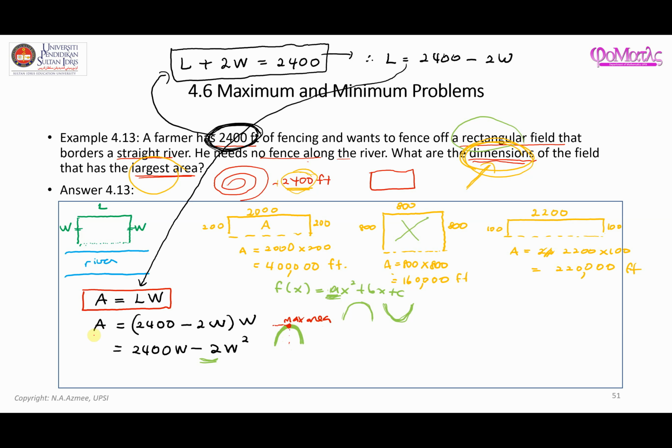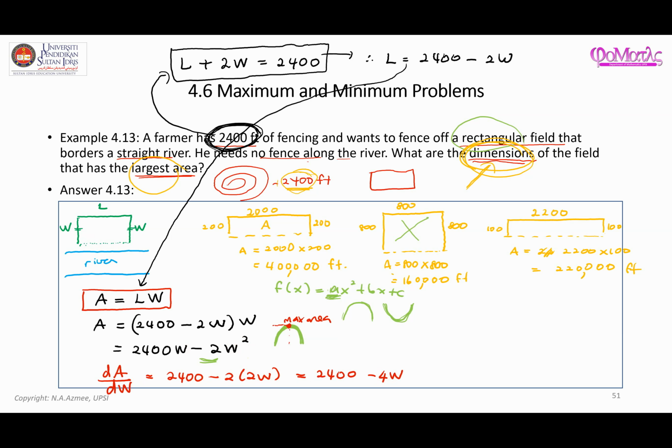You have to differentiate this function with respect to W, and you will find the point W. So I'm going to differentiate dA with respect to dW, and I will get 2400 minus 2W. Differentiating W squared gives 2W. So this is equal to 2400 minus 4W.